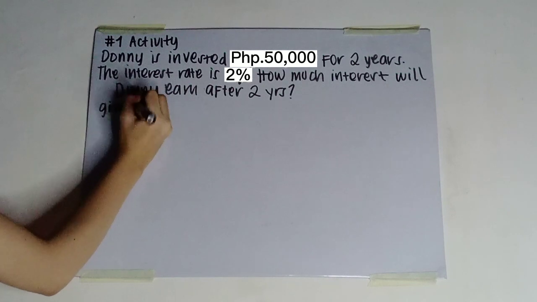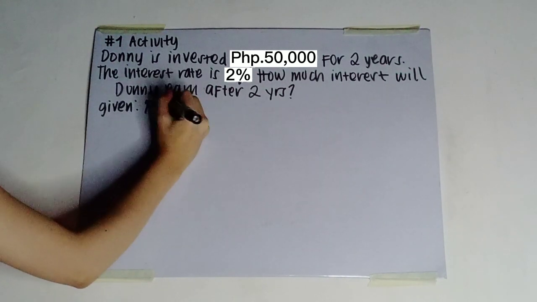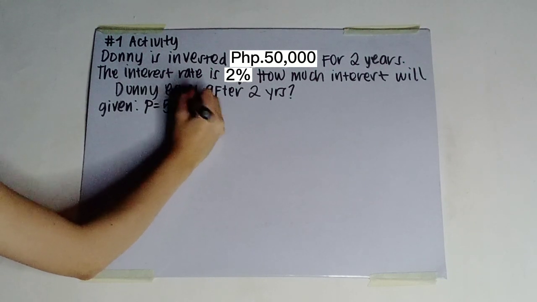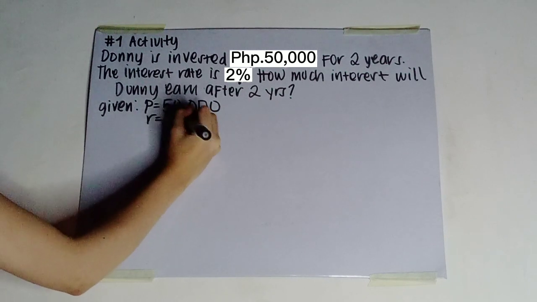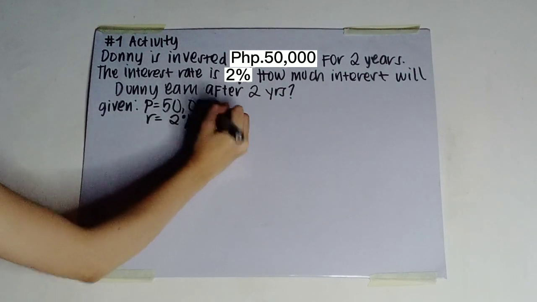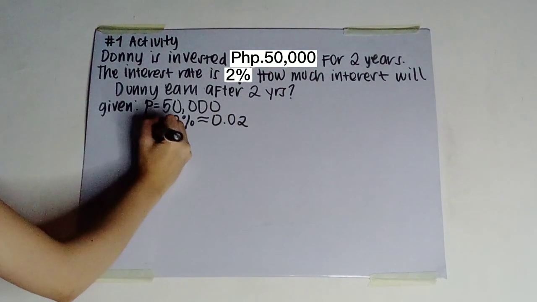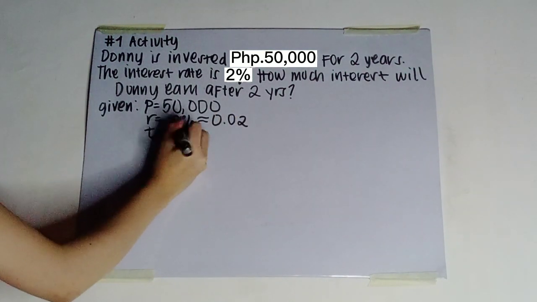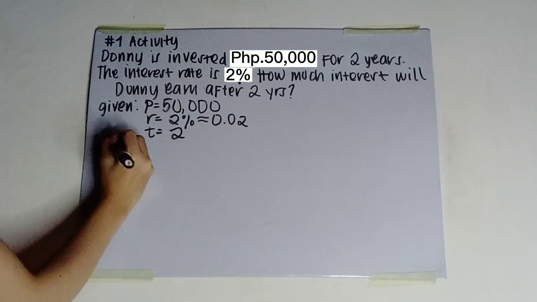Okay, write the given. P is equal to 50,000 pesos. R is equal to 2%, converted into decimal, 0.02. Time is 2 years. And write the solution.